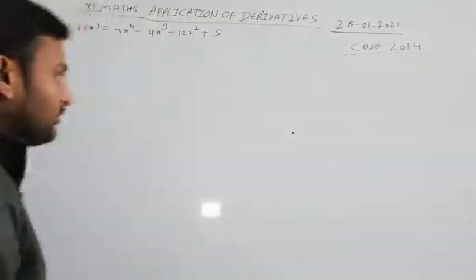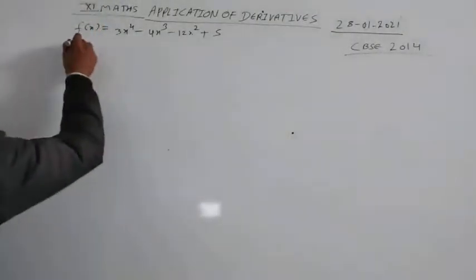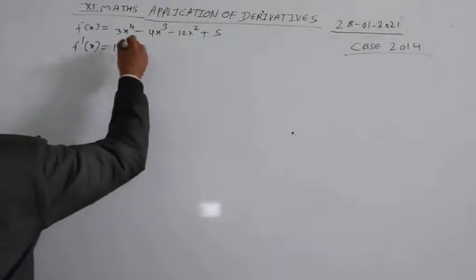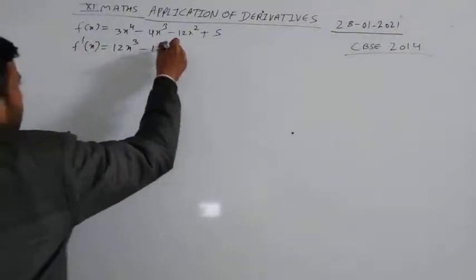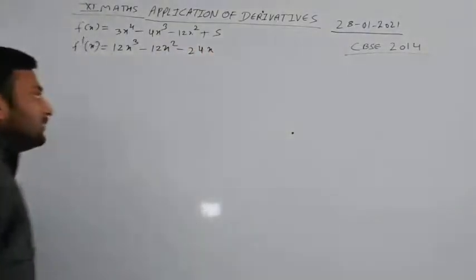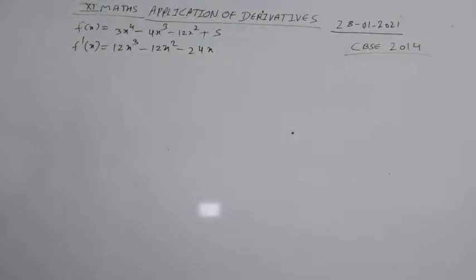So first of all, we are going to differentiate this. The first derivative is 12x to the power 3 minus 12x square minus 24x.